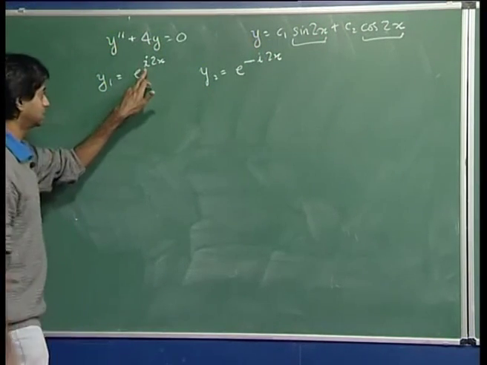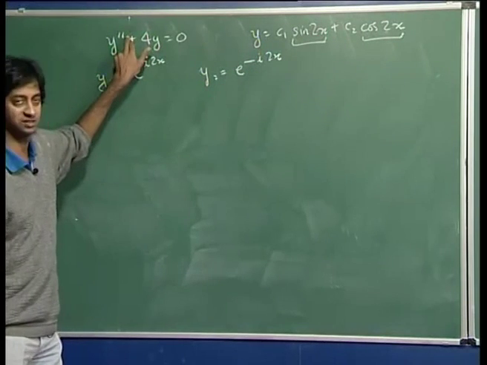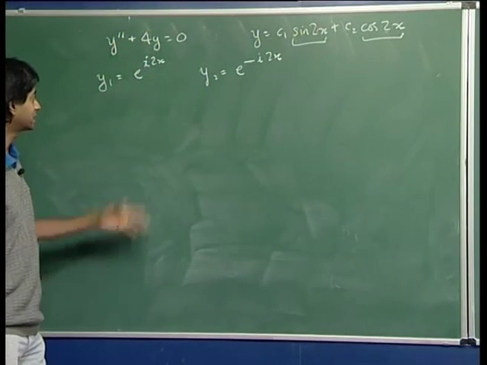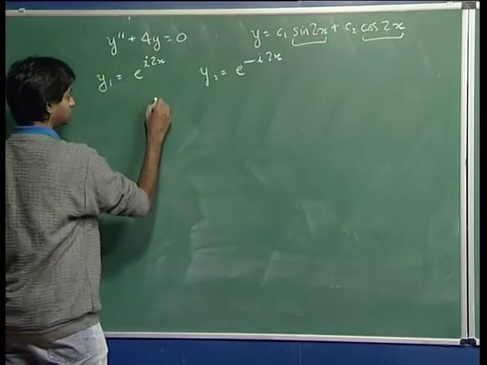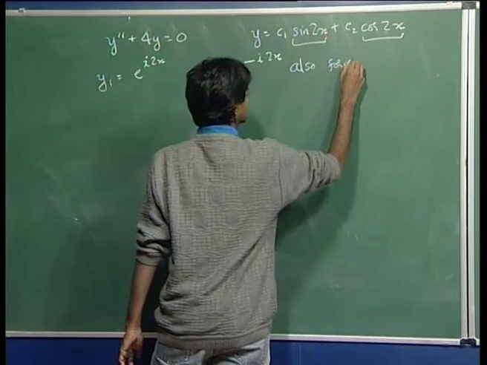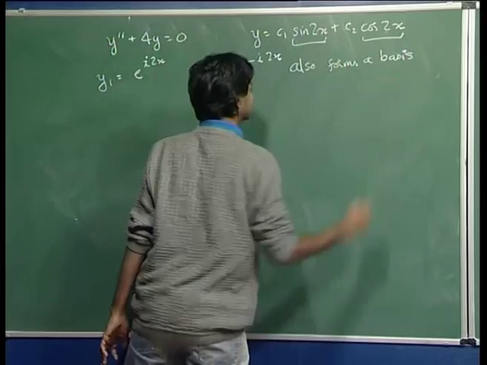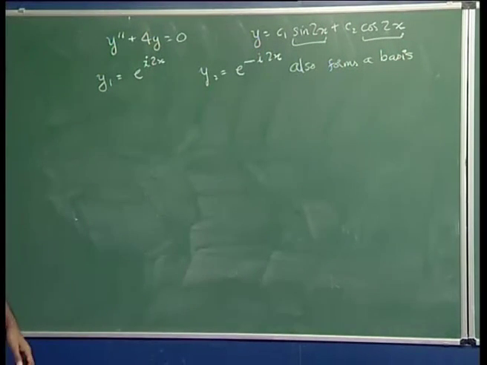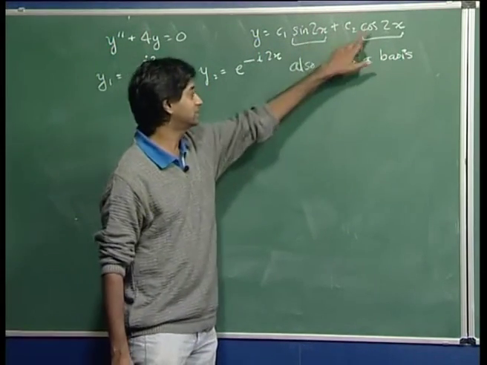What I have said is this is also a solution to this differential equation, and this is also a solution, and I could have used these as the solution. So this also forms a basis.